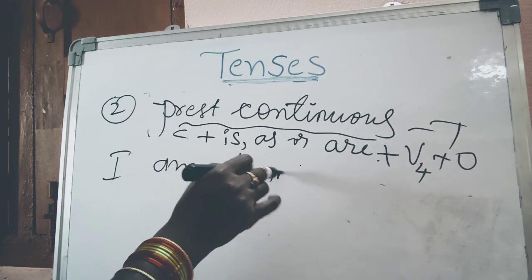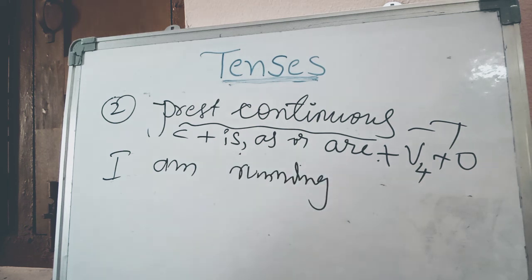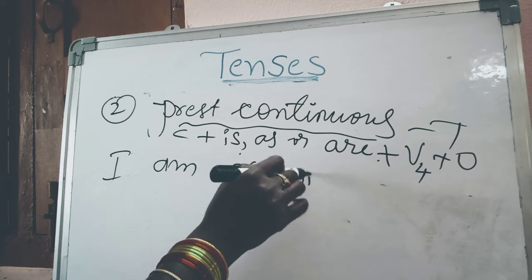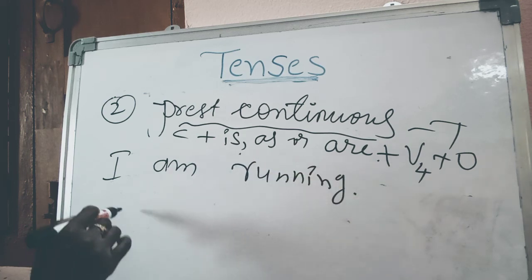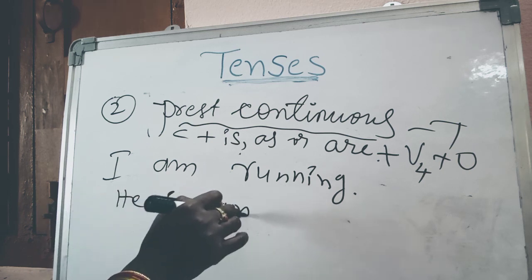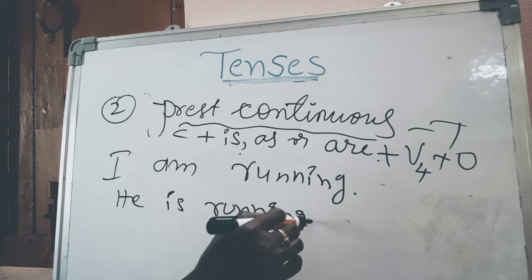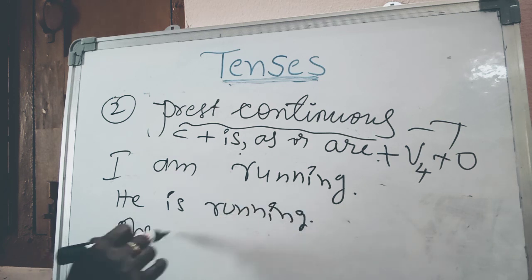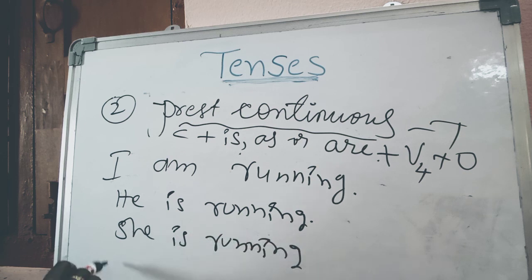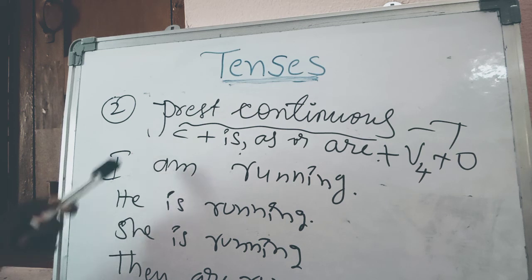I am running. He is running. She is running. They are running. These are examples of present continuous.